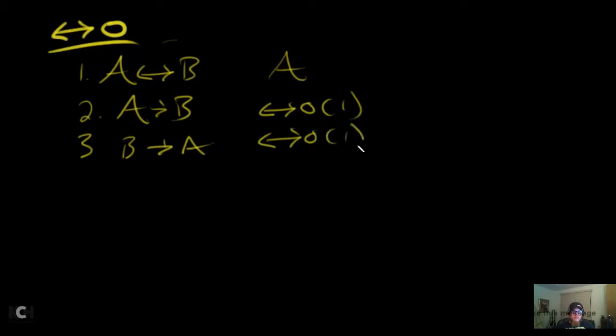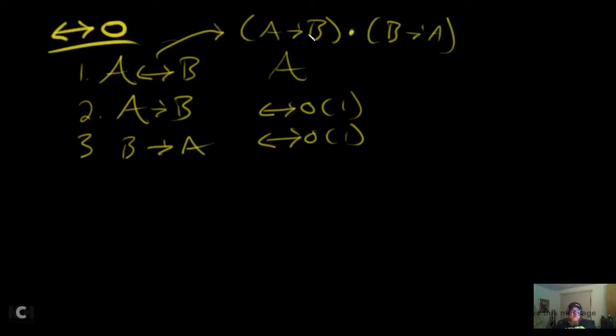The double arrow is saying this leads to this and this leads to this at the same time. So again, a double arrow is just a shorthand version of saying A leads to B and B leads to A. But the well-formed version of saying this would be this right here. So this is one rule we've got, double arrow out. If you got a double arrow, it breaks down into the arrow going in both directions.